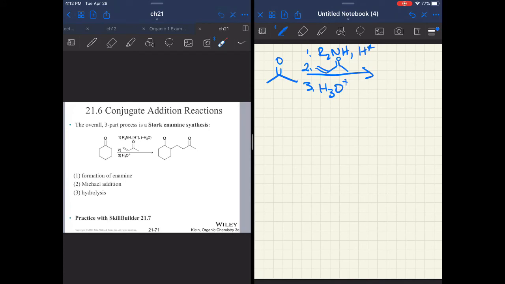You don't have to go through the mechanism to predict products as long as you pay attention to how many carbons you have, right? 1, 2, 3. 3 is attacking this guy right here. 4, 5, 6, 7 this time. So we have 1, 2, 3, 4, 5, 6, 7. And on 6, we have a carbonyl.